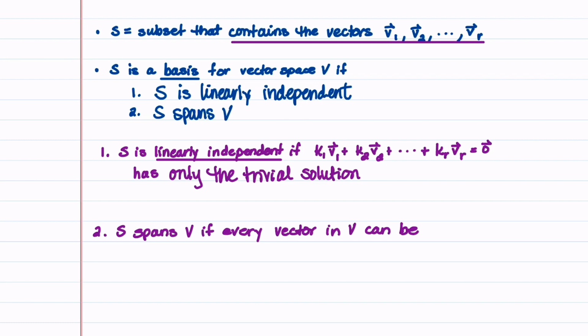This means that the vectors in a basis do not depend on each other. For the second requirement, S spans V if every vector in V can be written as a linear combination of the other vectors.